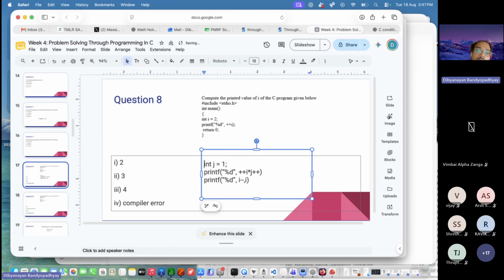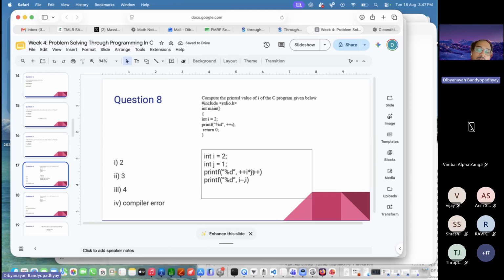So int I equal to 2 is already there. Let me just write it for the sake of completeness, I equal to. So let's suppose this is the question being given. Then what will be the answer of these two printf statements?